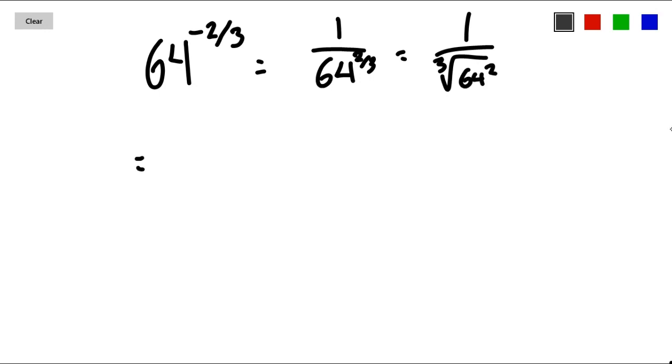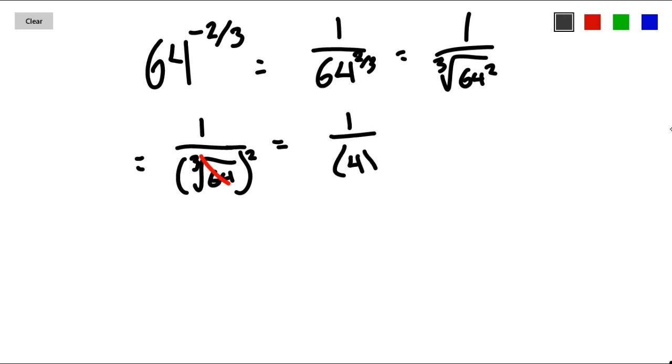And then I can rewrite that as 1 over the cube root of 64 raised to the 2nd power. So the cube root of 64 simplifies down to 4. So I end up with 1 over 4 raised to the 2nd power. And then finally, this gives me 1 over 16.